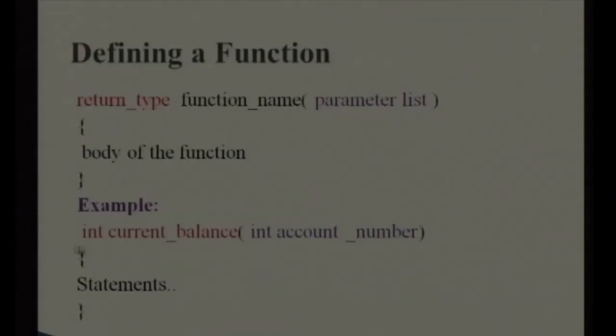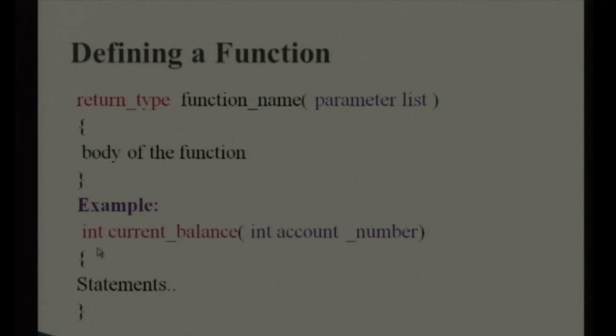So this is the basic prototype of writing a function. One example: let us say a function that gives the current amount available in a specific bank account. This function is expected to return one integer value. We are assuming that the amount available is a whole number and not fractions.